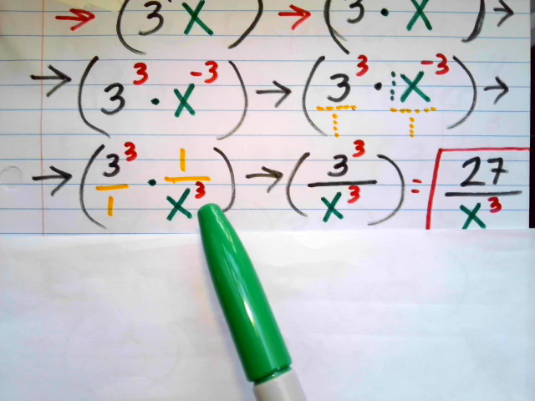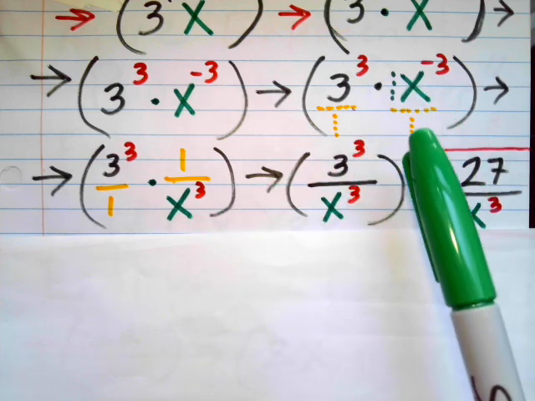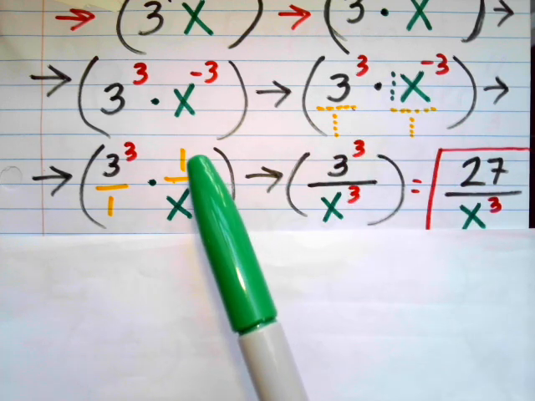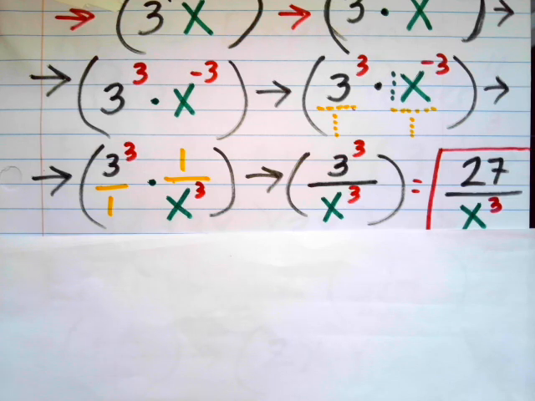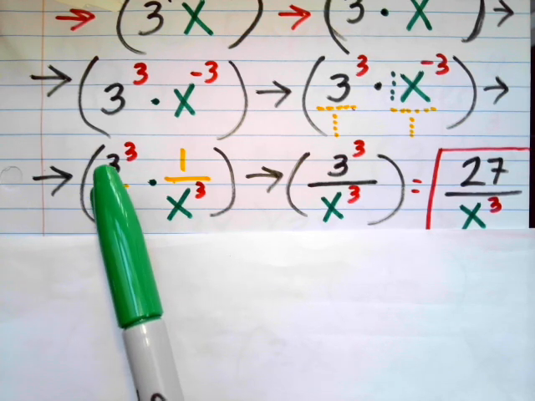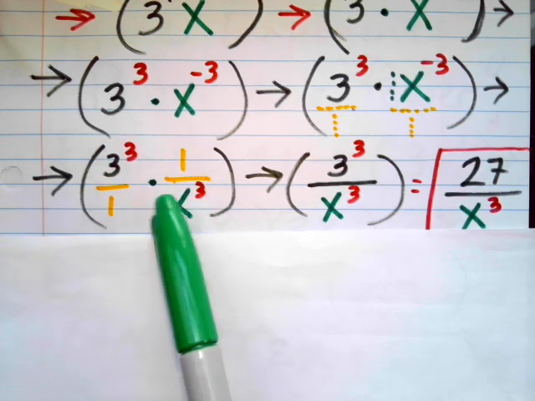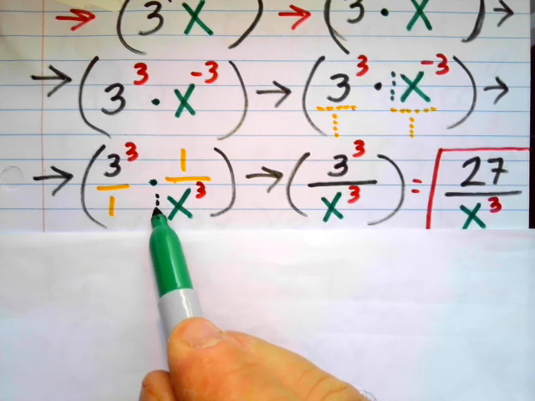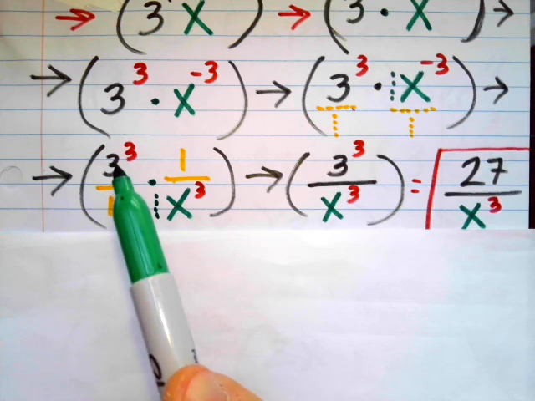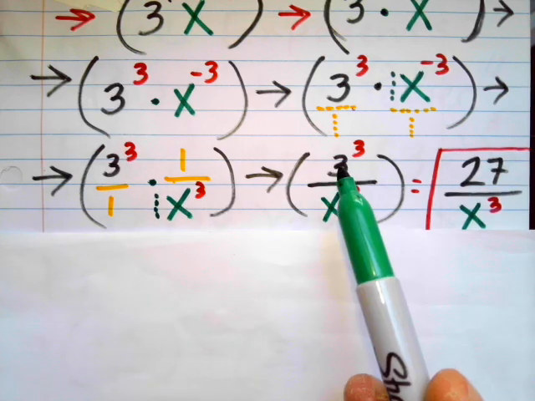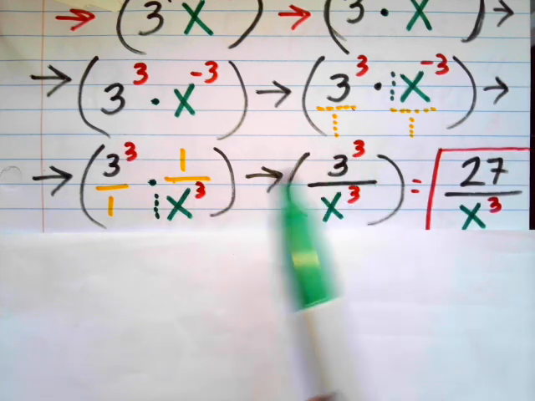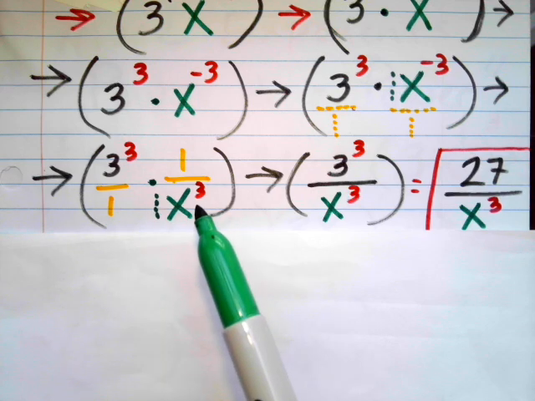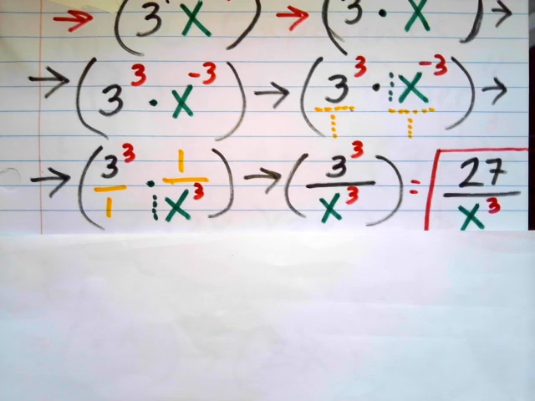We turn that negative into a positive, and that invisible one in the denominator is now in the numerator on the top. So we simply multiply top to top, bottom to bottom, and remember, there's that invisible one in front of that x cubed. So 3 times 1 is 3 to the third power. 1 times 1 is 1, x to the third power.